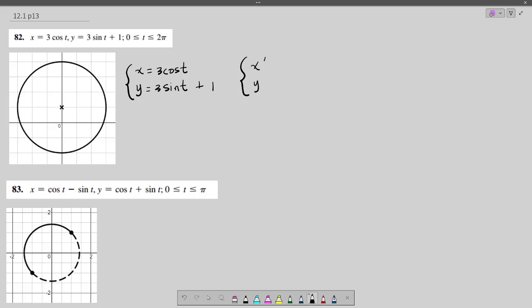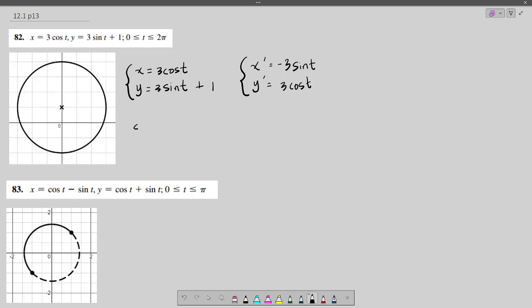Let's get our derivatives. So the derivative here is minus 3 times sine of t. Derivative here is 3 cosine t. And if we want arc length, in other words, we're finding the perimeter of the circle, the circumference of the circle, whatever.